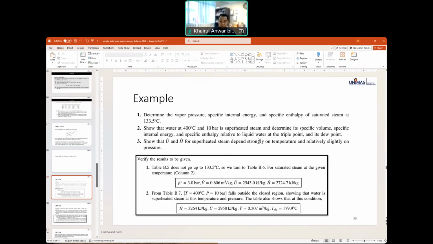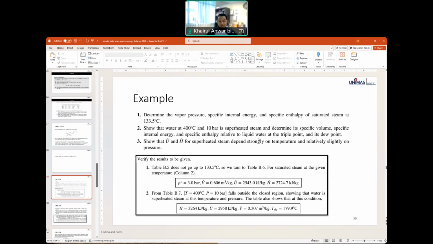Then we have specific internal energy, which is 2543. The last one is specific enthalpy. For steam it is 2724.7. So we have enthalpy for the water, evaporation, and steam. This is the question asking for saturated steam.